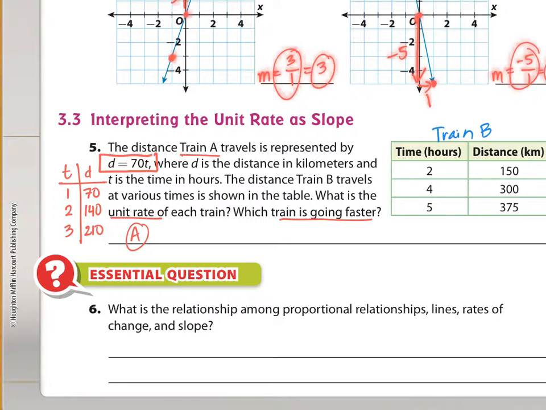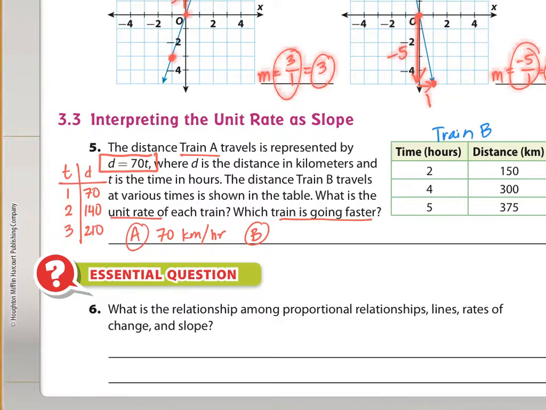Train A is 70 kilometers per hour, and train B, I'm just going to do y divided by x.